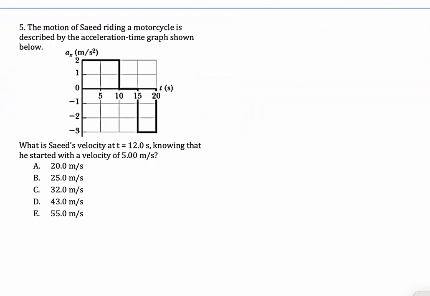Now we have a graph of acceleration, and the question is, what is the final velocity of the person after 12 seconds, not the final velocity, but what is the velocity at 12 seconds, knowing that the initial speed is 5 meters per second. And we need to remember that from the acceleration versus time graph, the area of the graph is the change of velocity. Now the change of velocity is v final minus v initial, but the v initial is 5.